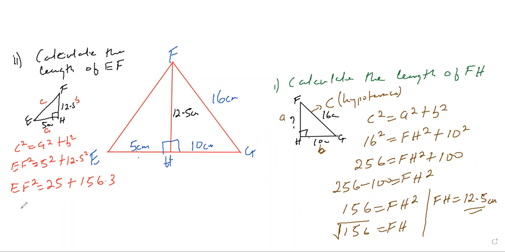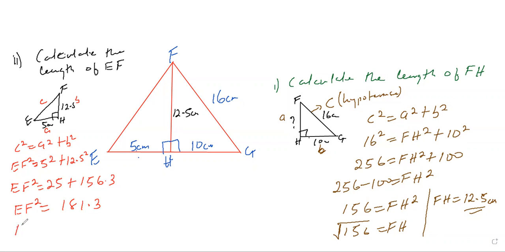Okay. All right. So EF squared, when we add this together, what do we get? 25 plus 156.3 is what we get. 181.3. 181.3.